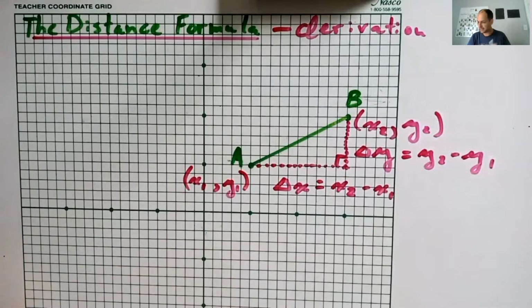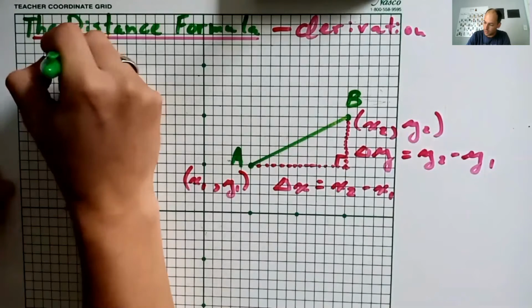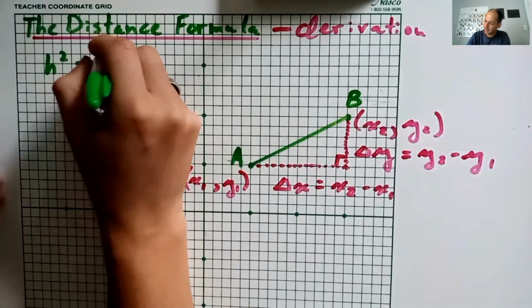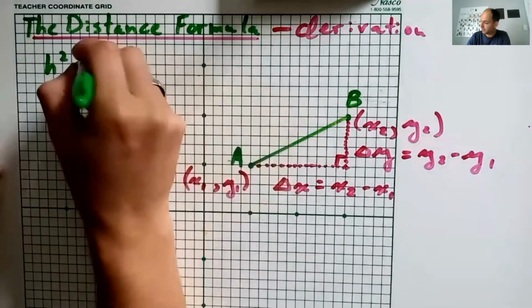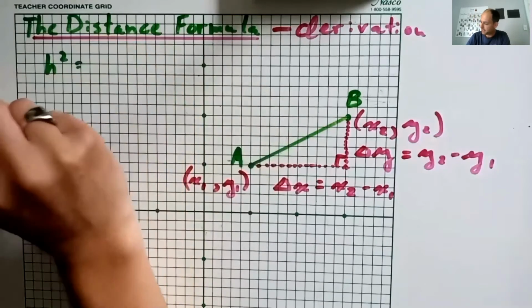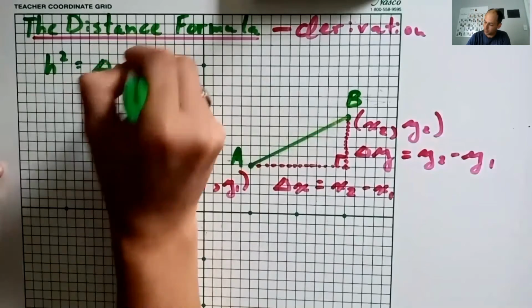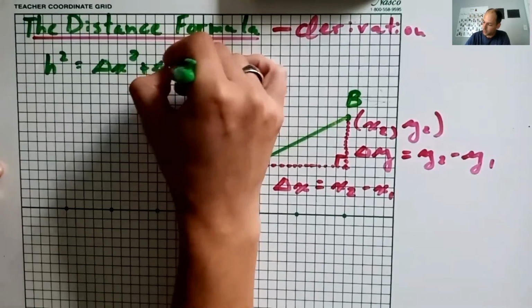Now, to begin this distance formula, then, we will start with Pythagoras. The hypotenuse squared is equal to the sum of the legs squared. In this case, the legs are equal to the change in x squared plus the change in y squared.